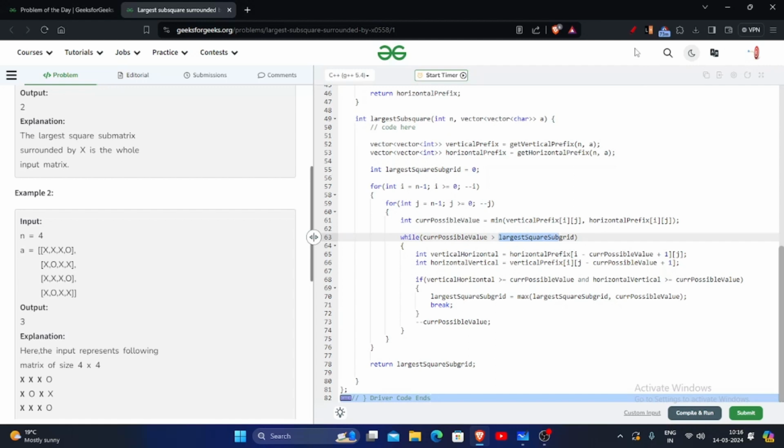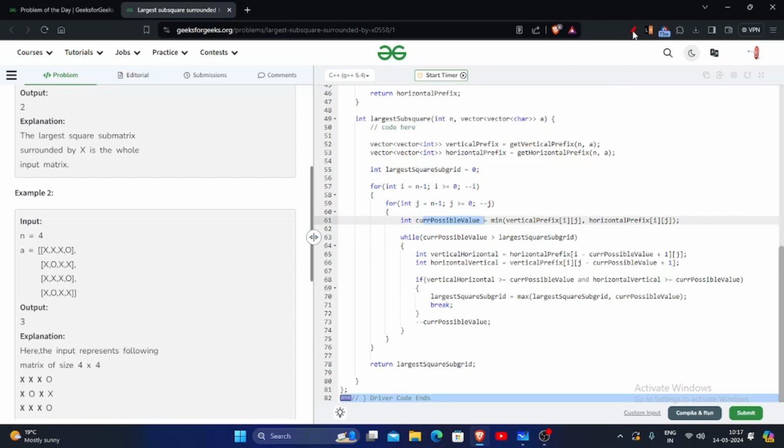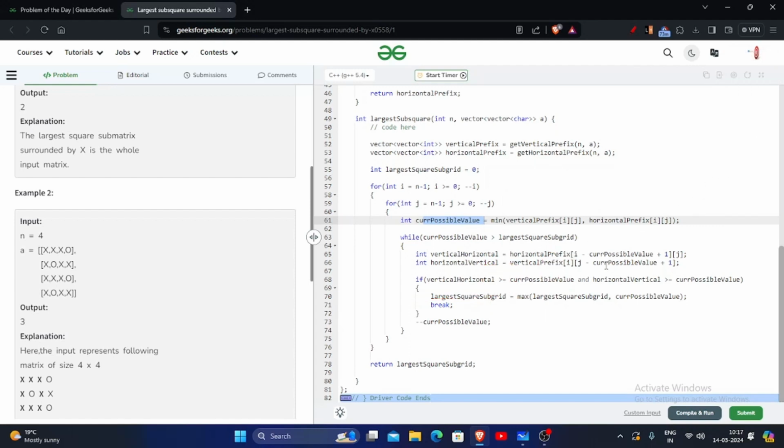Largest square grid, because currently this is my 0. Maximum I can get is 0. I checked, okay, current possible value. If it is 1 also, it is greater than 0. So I will check, okay. If it is 1, let's see. If it is 1, that means 1 hop, 1 hop. So this is this only, and this is x. We have already got 1. So I'm actually checking the jump.